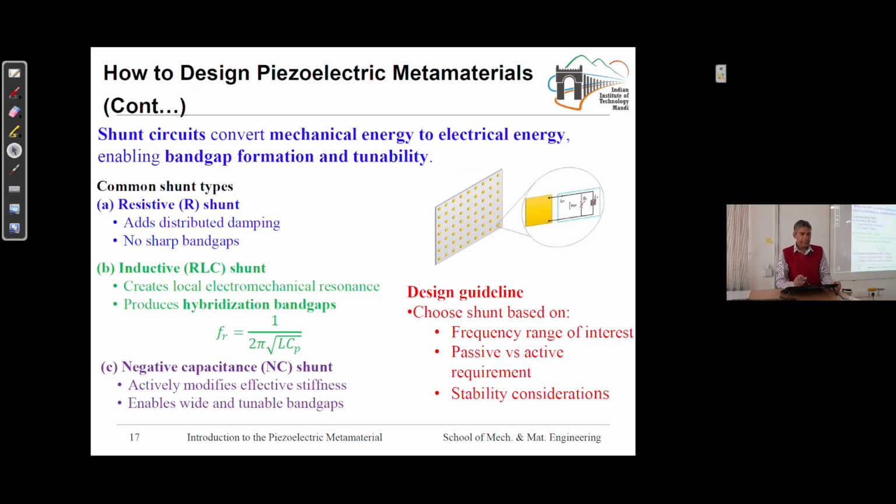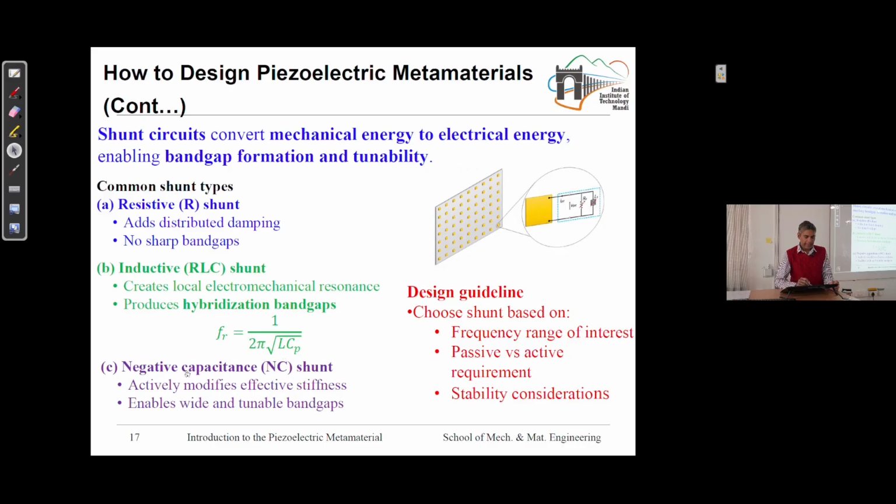Then the designing of the shunt. We have RLC. Sometimes we have only resistance, and we do not have L. In this case there are no sharp band gaps; it is just used to damp the vibrations. For inductive RLC, we have very well-known equations.